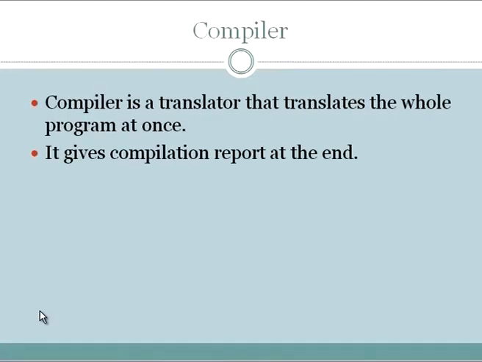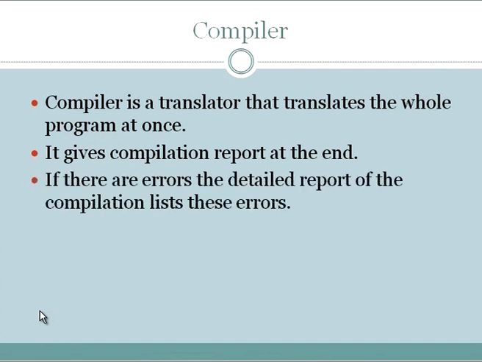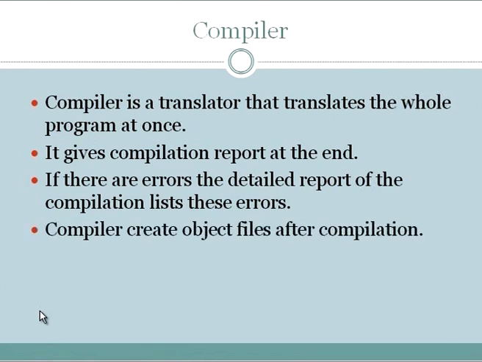Compiler is a translator that translates the whole program at once. It gives a compilation report at the end of compilation. If there are errors, the detailed report of the compilation lists these errors. Compiler creates object files after compilation. Examples of the programming languages that use a compiler.